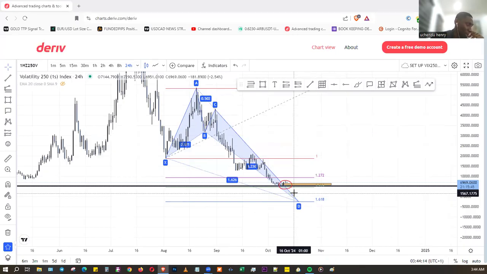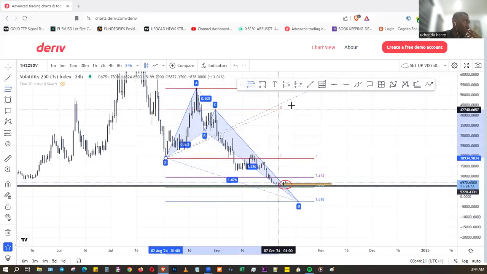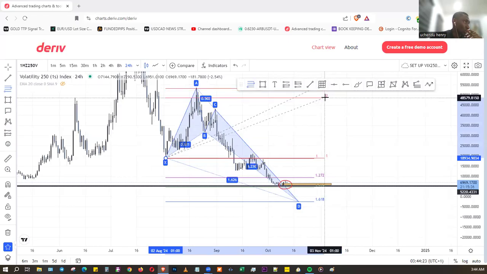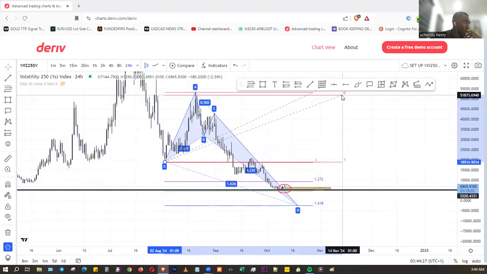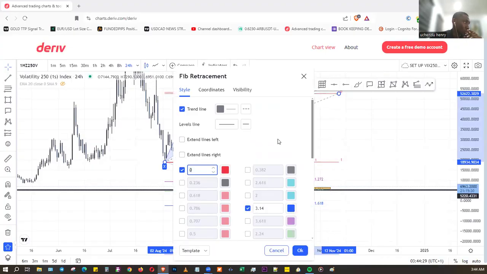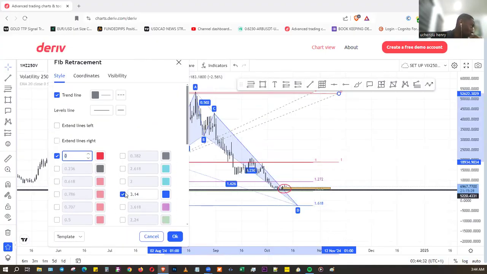For the stop loss, we're looking at 2.0 of S to A. Where is it 2.0? This is 2.0, you see, very, very far.